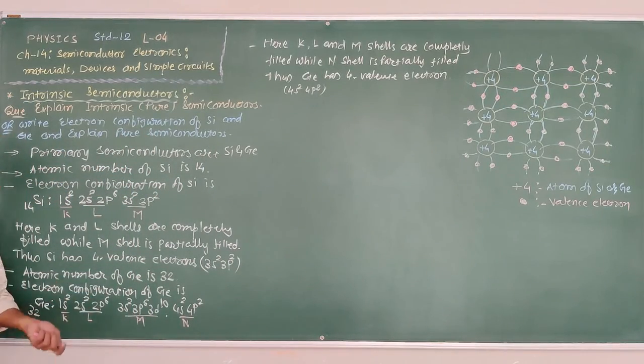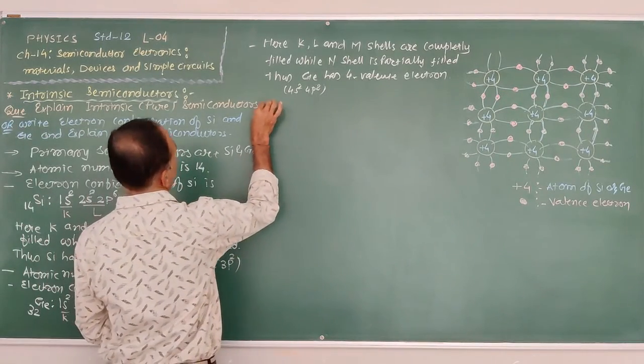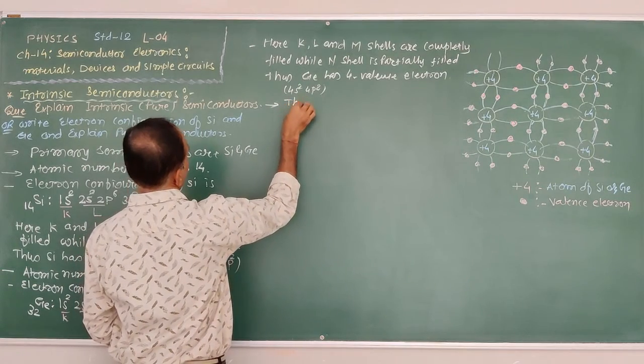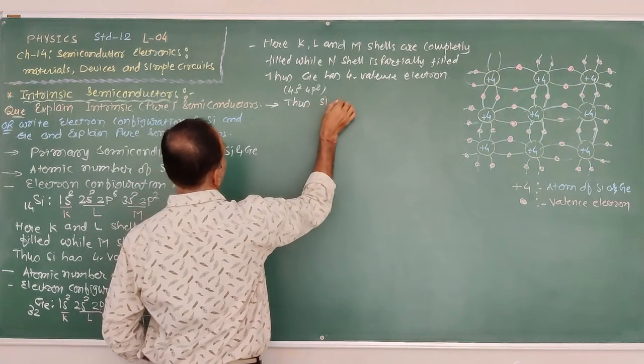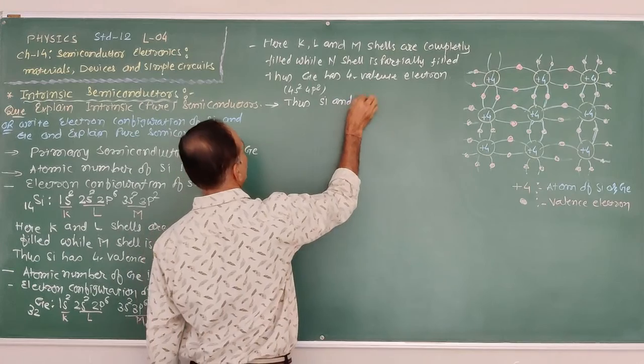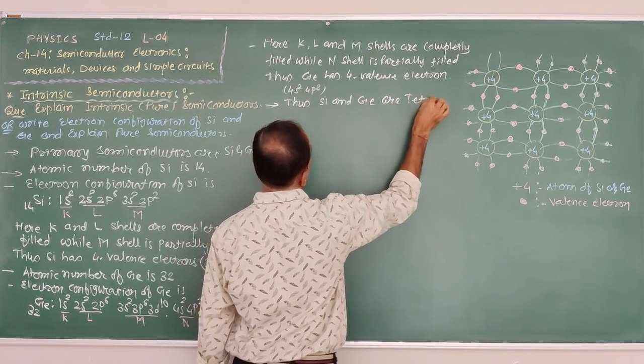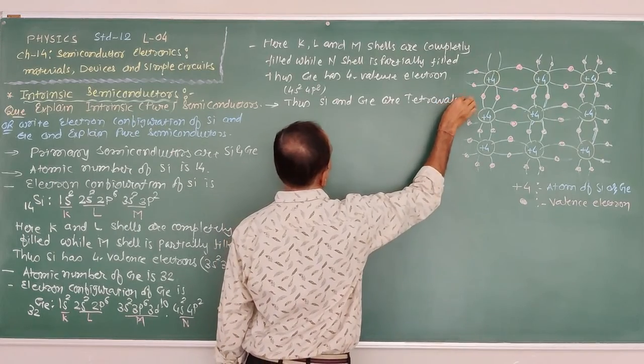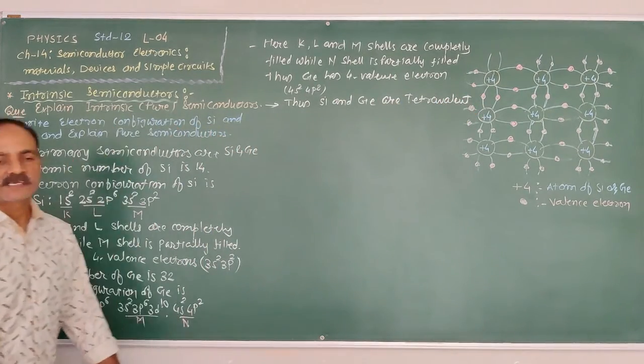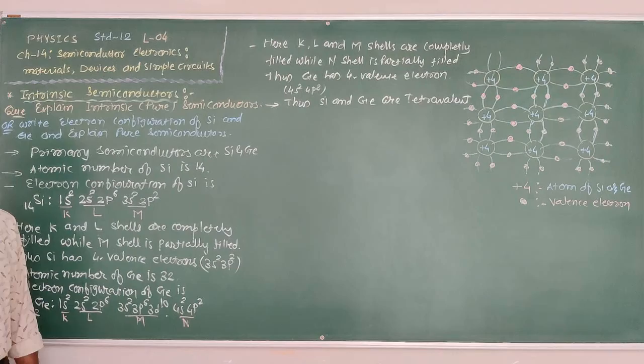Thus, silicon and germanium are tetravalent atoms.